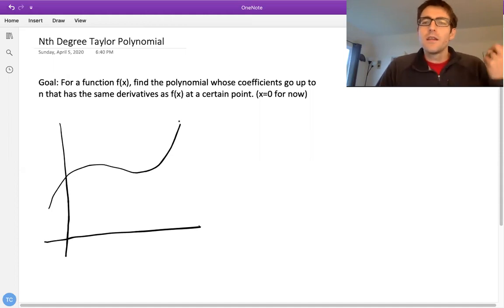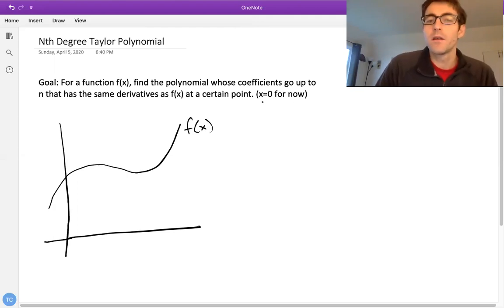our goal is to find a polynomial that mimics the behavior of f of x as closely as possible in the neighborhood of some point. So we're typically going to start off with x equals 0.